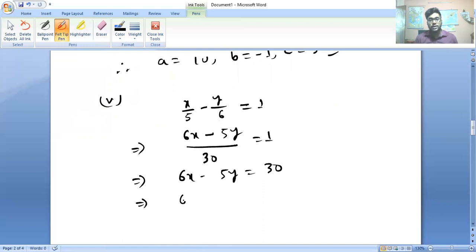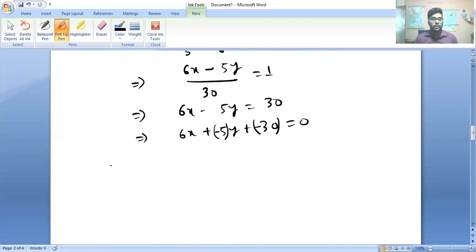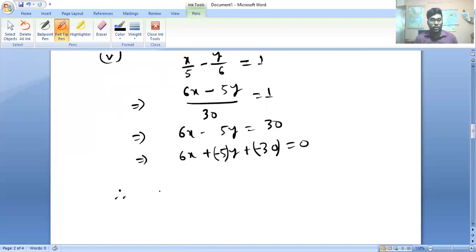If 30 comes here, it becomes 6x minus 5y minus 30 equals 0. So what can we write? Plus or minus 5 and then plus or minus 30. Clear? Therefore, our a becomes 6, b becomes minus 5, and c becomes minus 30.